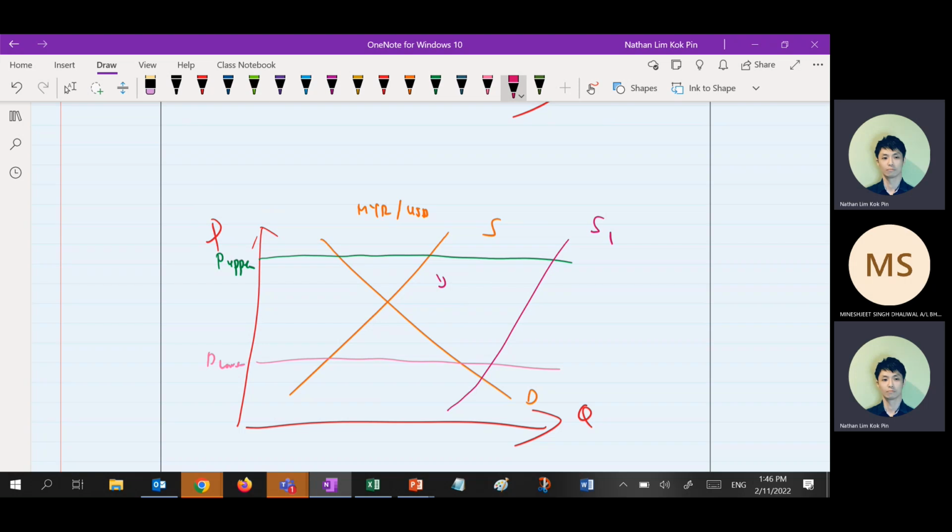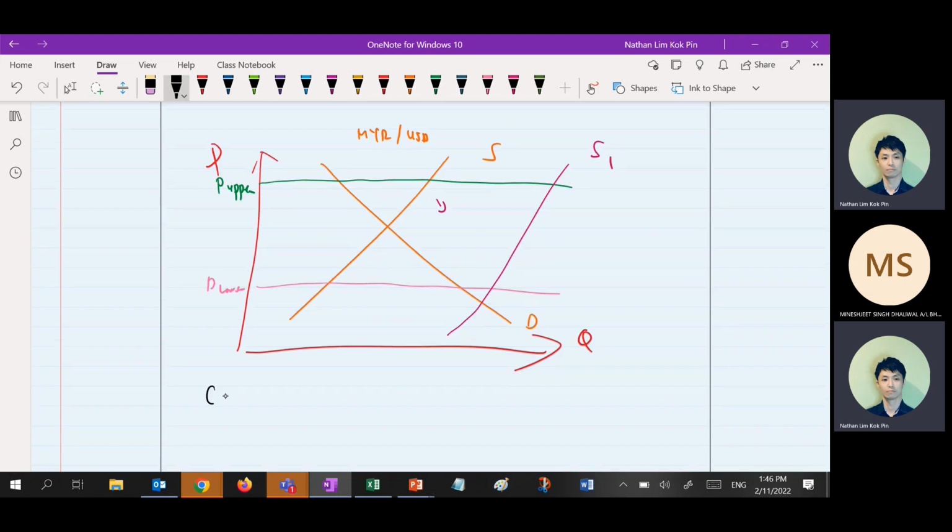So this is when the government started to intervene in the market. When it's at the lower range, just like the Malaysian ringgit depreciating, the central bank, can I use CB? The central bank will enter as a buyer.